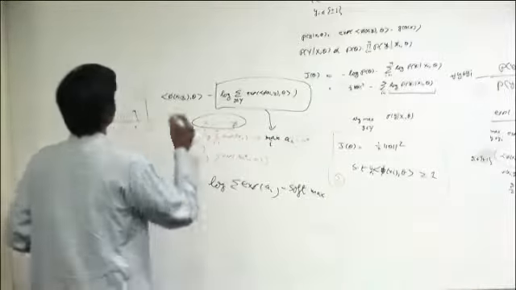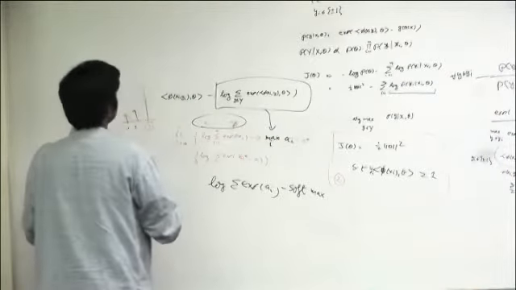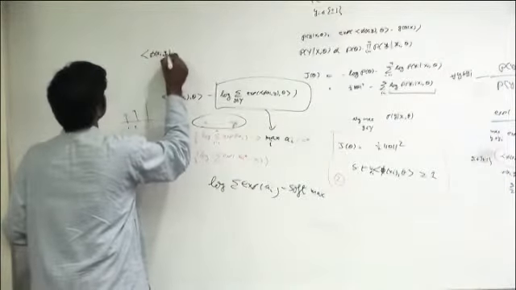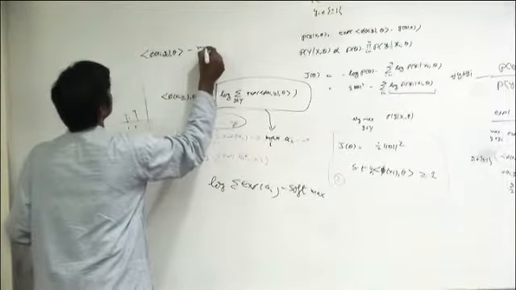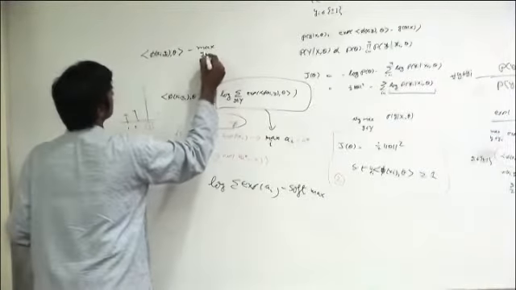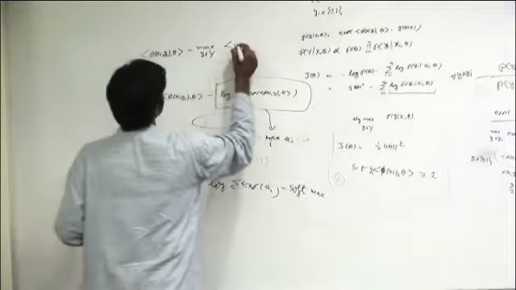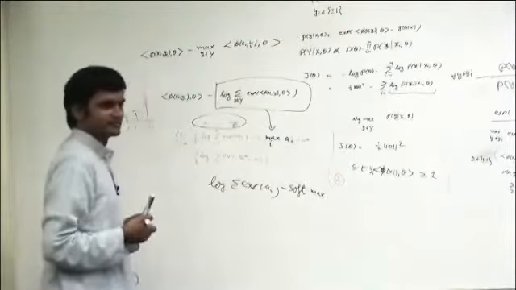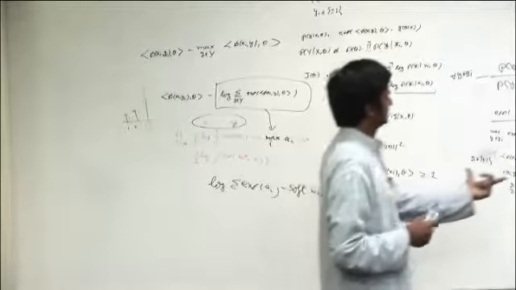So what will happen when you take the limit is this will become the max over y, and that is related again to this.